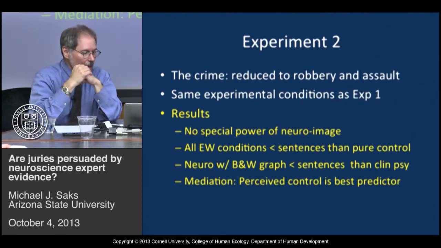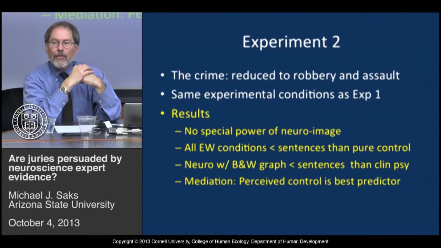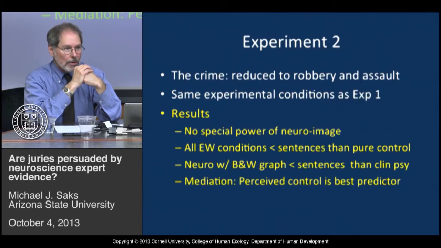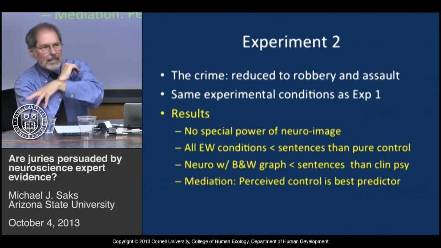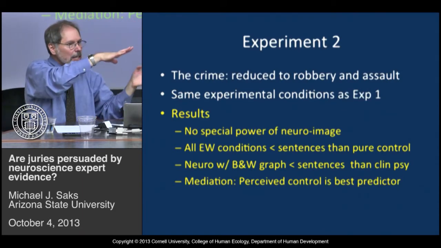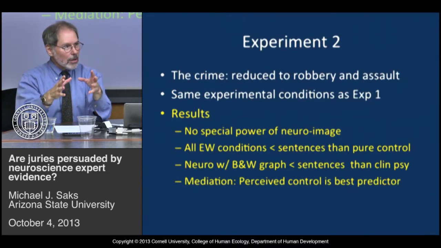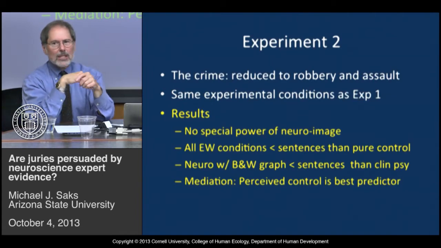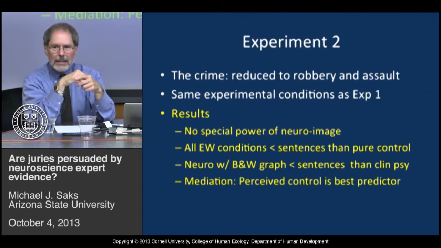So the mediation analysis gave us some comfort because what we found was that perceived control was by far the best predictor of the verdicts and the sentences. So the experimental conditions affected perceived control. When they hear the expert testimony, they think this person can't control his conduct as well as the rest of us.